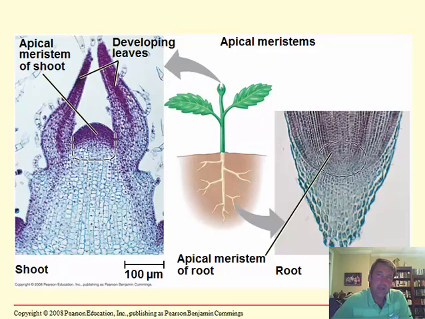And some of the unique things about these plants are that these are non-vascular plants. So vascular tissue is tissue that the plant uses to transport water and nutrients around. But these plants do not have that vascular tissue. So this is the bryophytes.